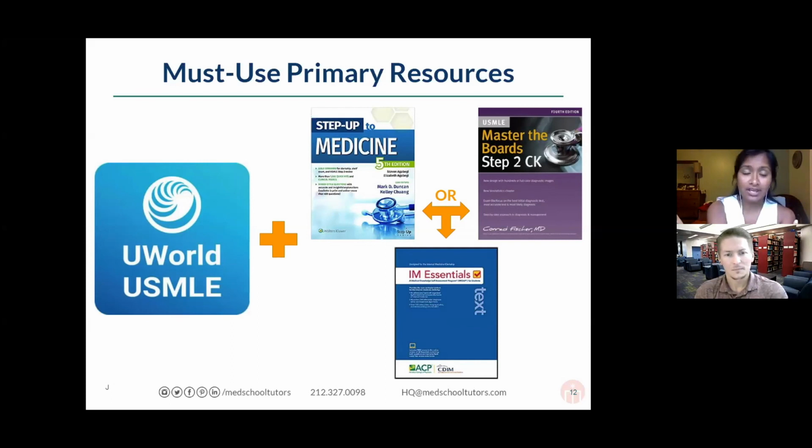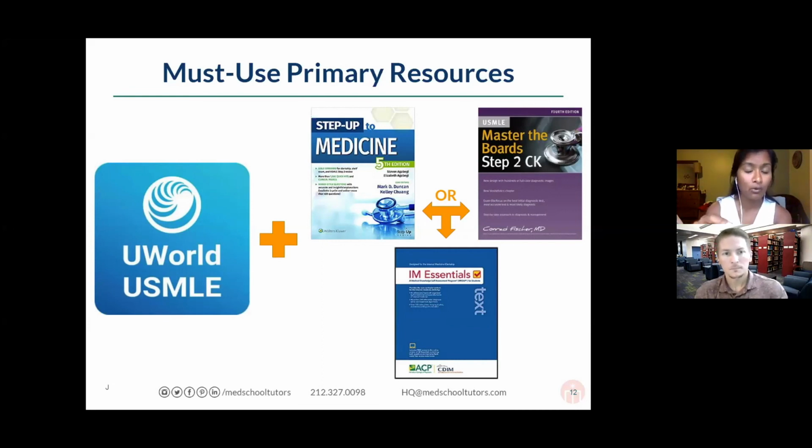Yeah, I'll just echo exactly that distinction between Step Up and Master the Boards. I personally did not use either of them, but many of my students have used one or the other. And what I've heard across the board is that Step Up to Medicine is really great for your clerkships because it's much more detailed.